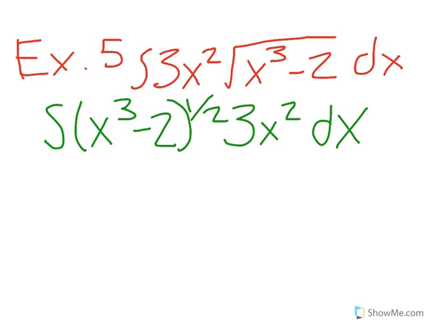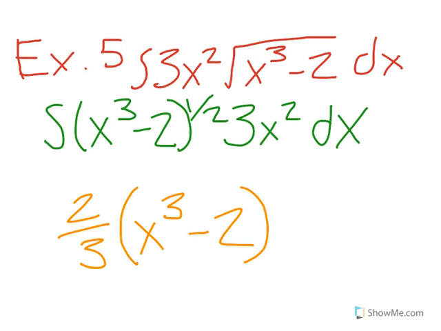And here we can see how it would come out to be u to the 1/2 du, and then it would equal 2/3 u to the power of 3/2 plus c, which would then lead us to our final answer, which would be 2/3 times the quantity x cubed minus 2, to the 3/2, plus c, which would be our final answer.